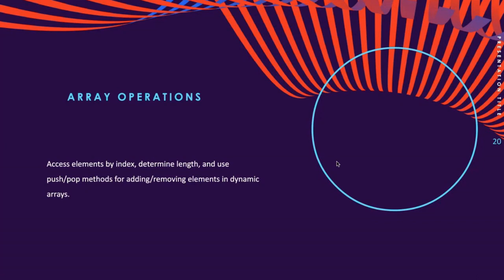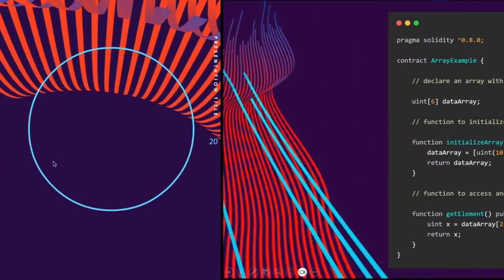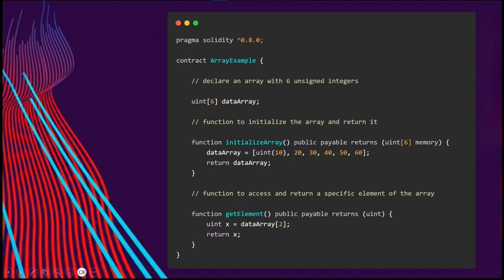For instance, if you wanted to access the third element of an array, you would use index 2. Okay, let me first show you this example here. So here we are accessing the third element of the array that has been defined here and has been initialized here. And we will just return that value by this function.